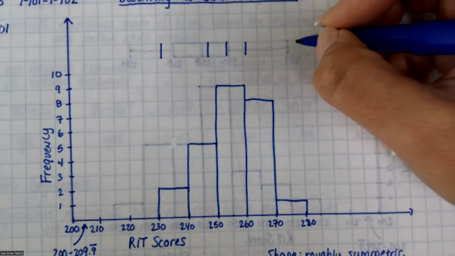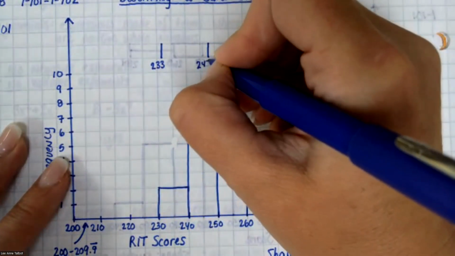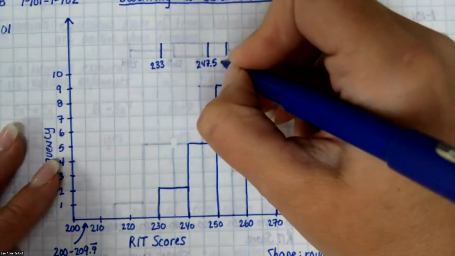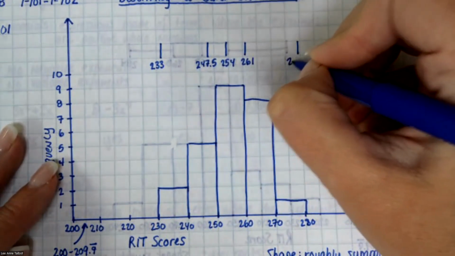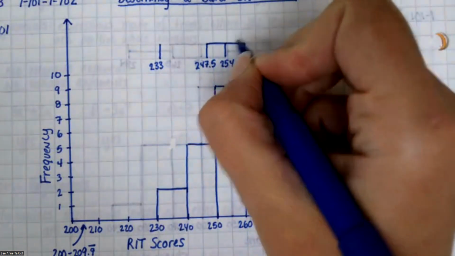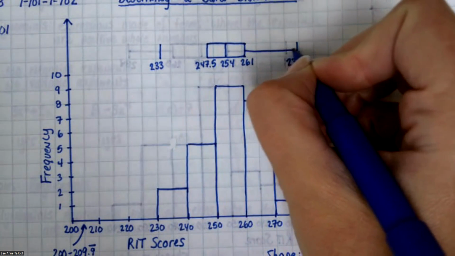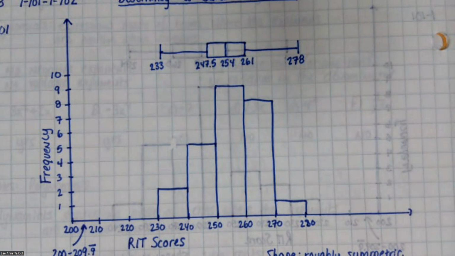And 278. Okay, so you start by drawing vertical lines at your 5-number summary, and then you connect the middle 3 to make the box, and then extend out to the whiskers, and your box plot is done. And now you can really see how symmetric it is. It's actually really symmetric if you look at the box plot.